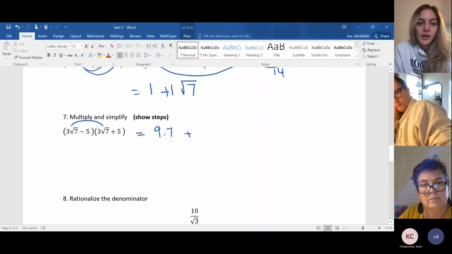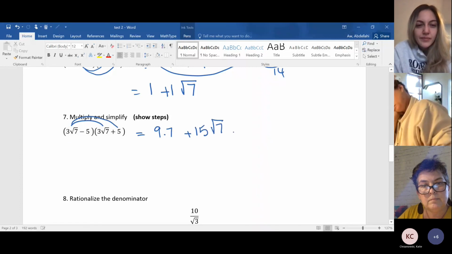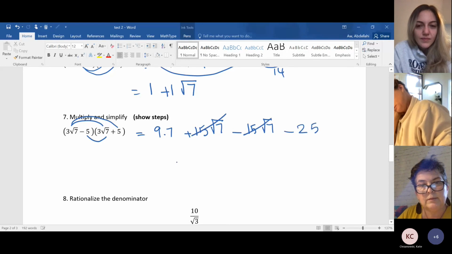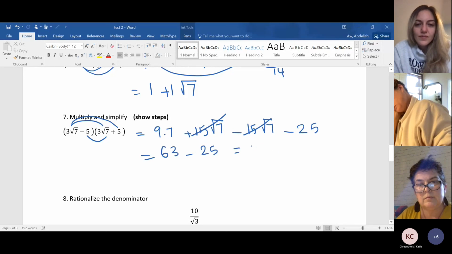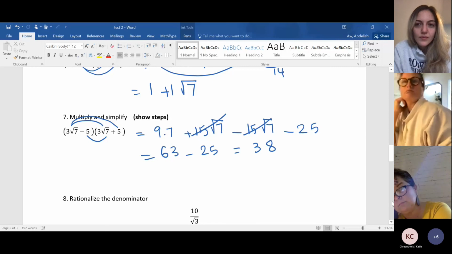Plus, this right here is 15 root 7, coming from 3 times 5 root 7, minus 15 root 7. These two cancel out, and then minus 25. So we get 63 minus 25, which is 38, right?